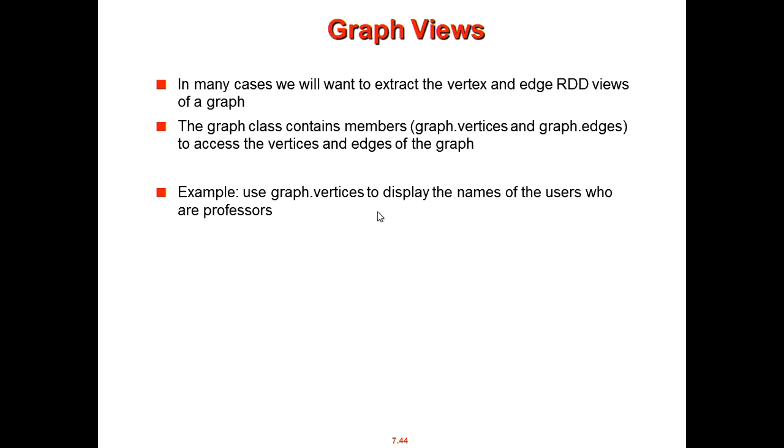So as a result, we can use them to get the two RDDs as graph views. And then next, based on the two RDDs, and also the graph object itself, we can use the graph operators. So the graph views mainly means that we want to use the graph operators to do some operations.